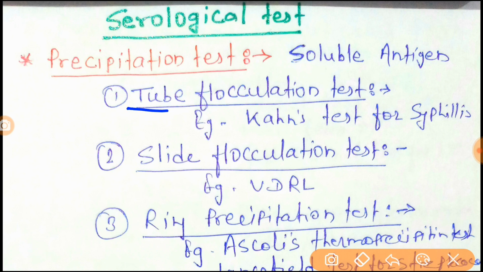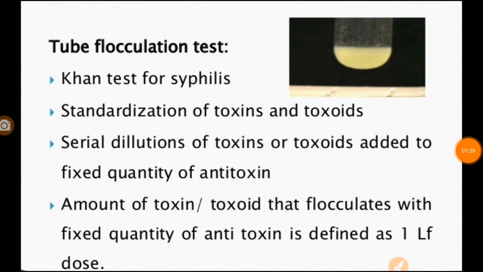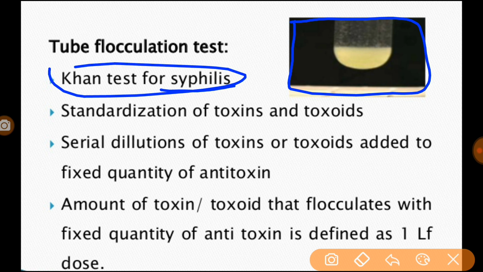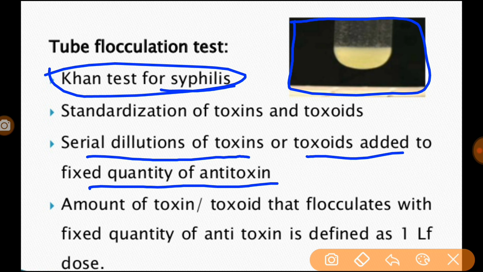First, the tube flocculation test. An example of this is the Kahn test for syphilis. If you see the figure of the tube flocculation test, in this, serial dilutions of toxin or toxoid are added to a fixed quantity of antitoxin.